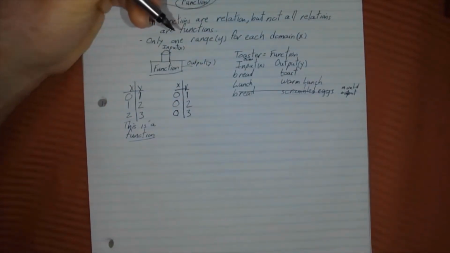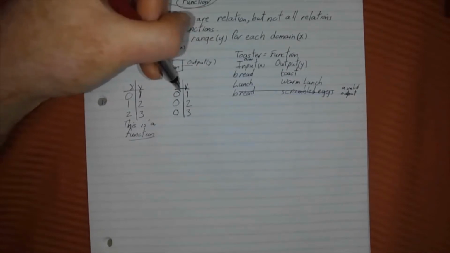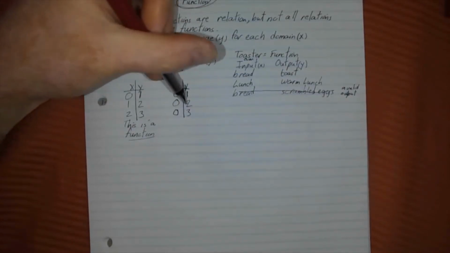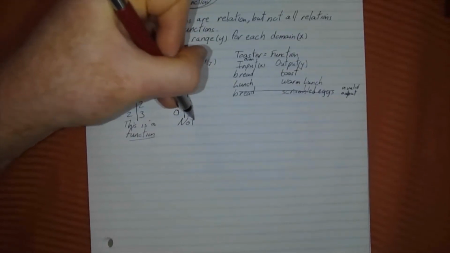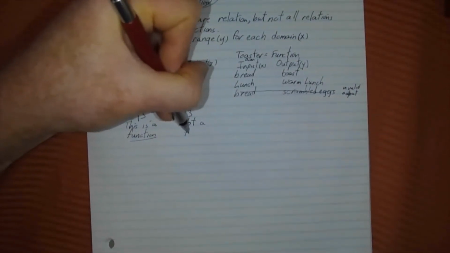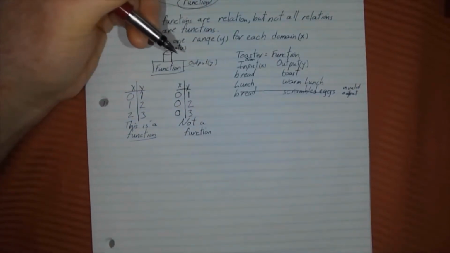I get 3. Now in this case, my domain is not producing a single range. My x value is producing multiple y values, so it's not a function.